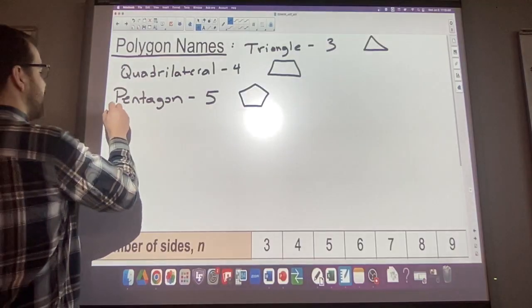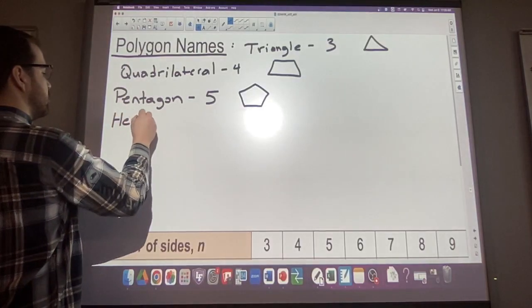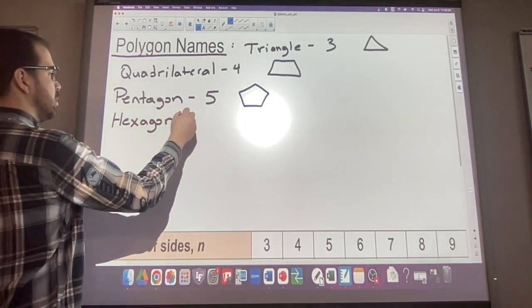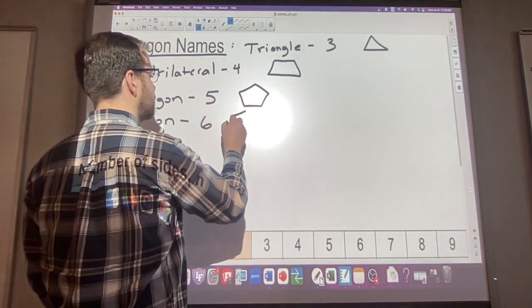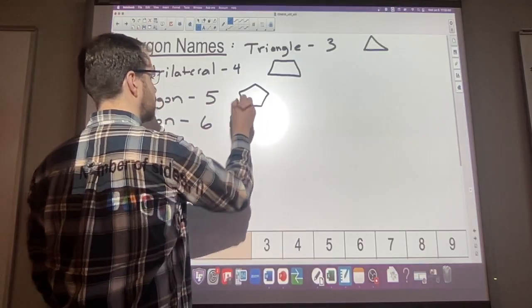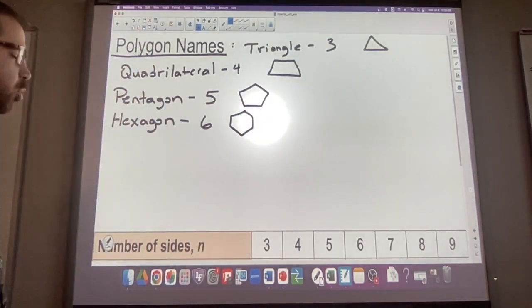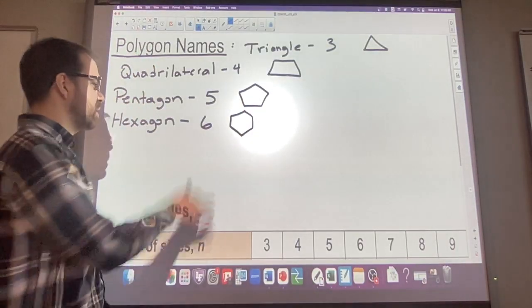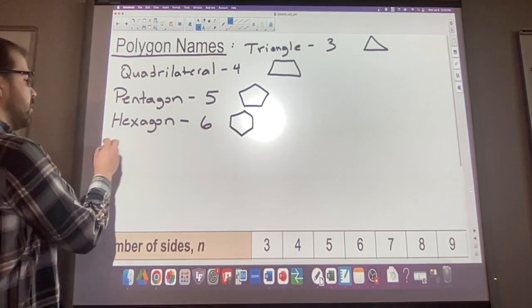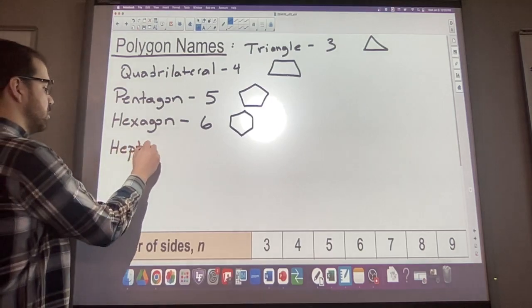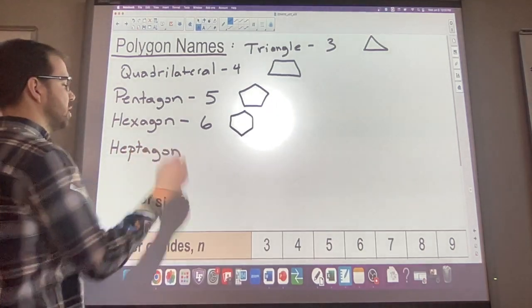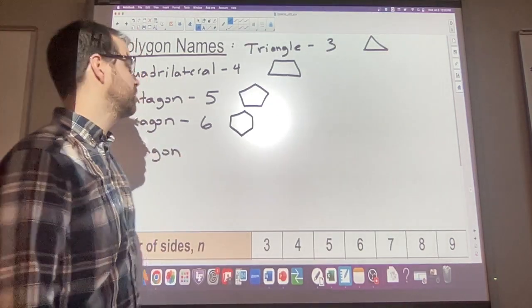And then we have a hexagon. Hexagons are very nice shapes because they fit together very well. Even like board games and stuff like that all the time. 6 sides. Next one is called a heptagon. This is kind of difficult to draw, but 7 sides.